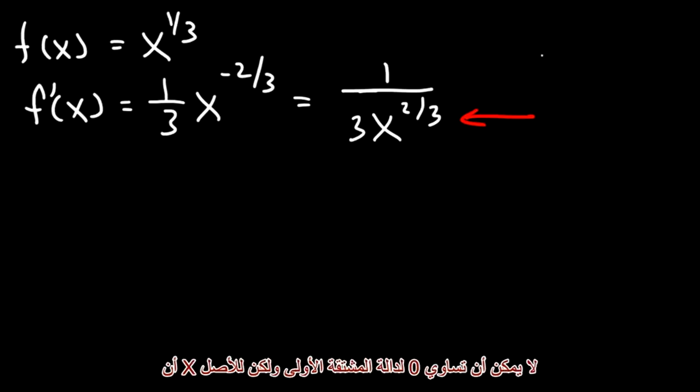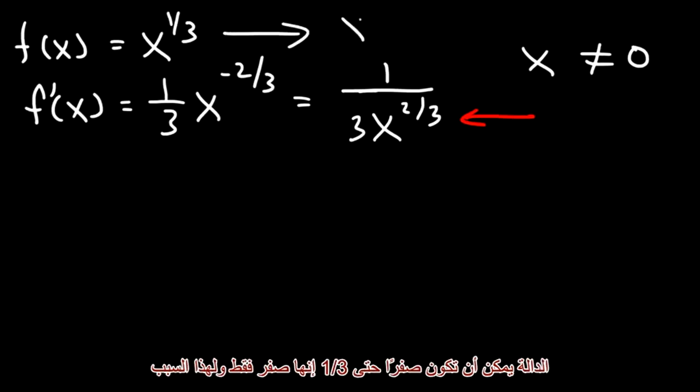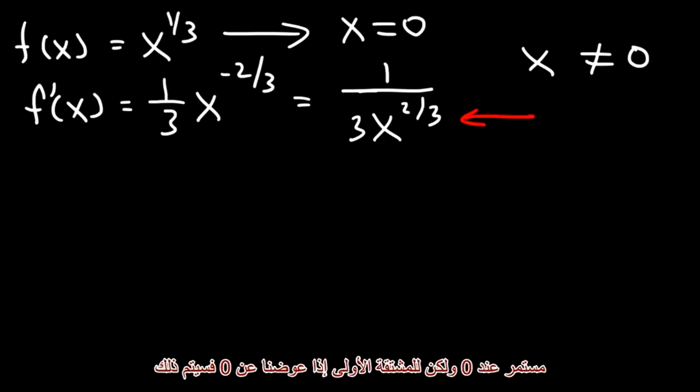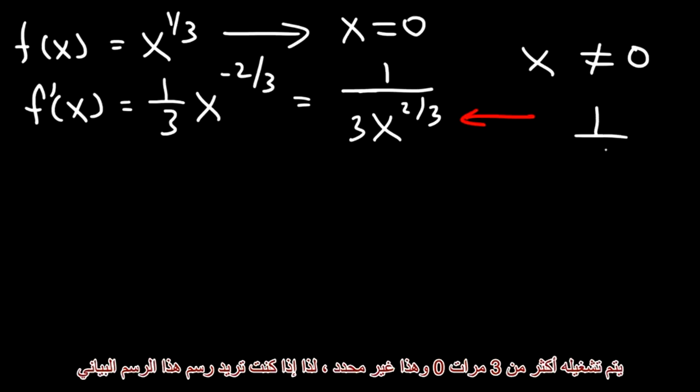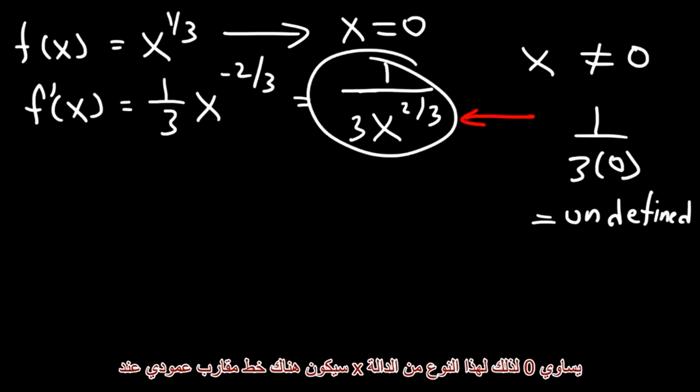And so that tells us that x cannot equal 0 for the first derivative function. But for the original function, it can. 0 to the 1/3 is just 0. And so that's why it's continuous at 0. But for the first derivative, if we plug in 0, it's going to be 1/3 times 0, and that is undefined. So if you were to graph this, there would be a vertical asymptote at x equals 0.